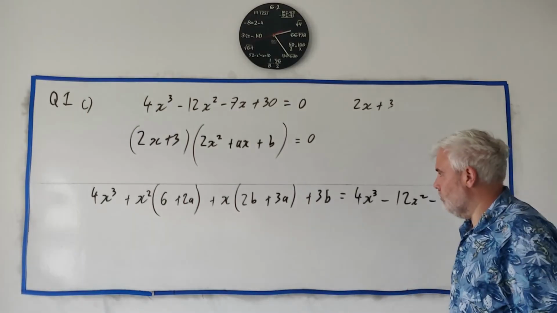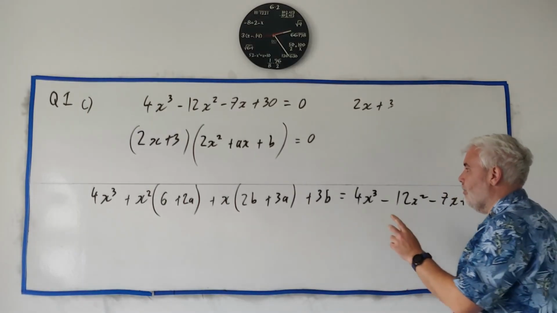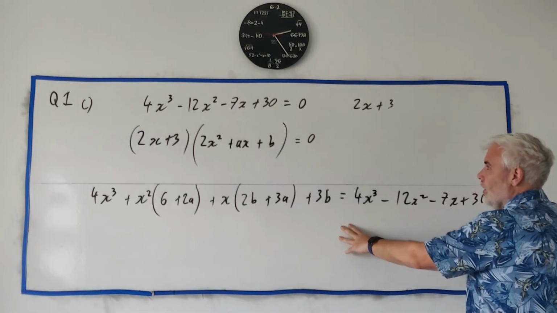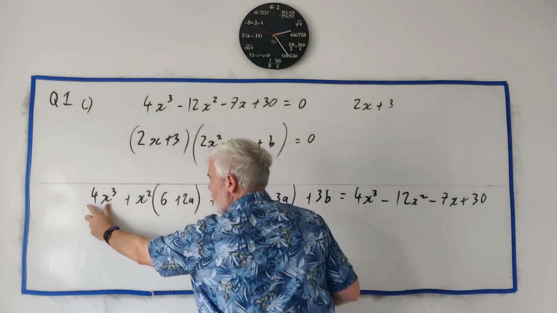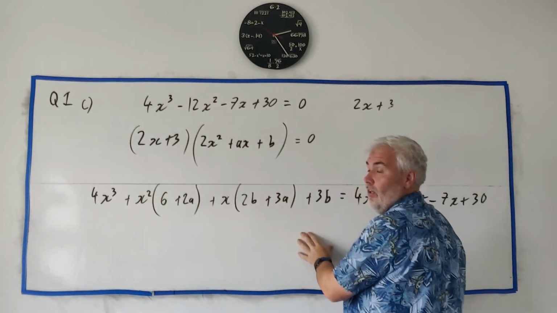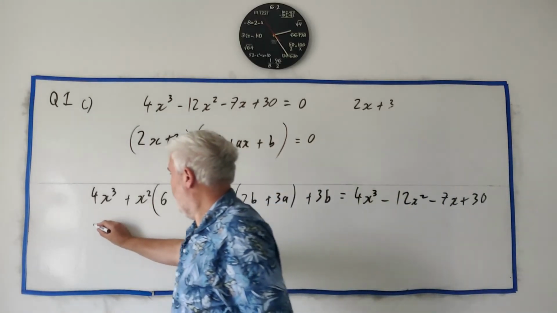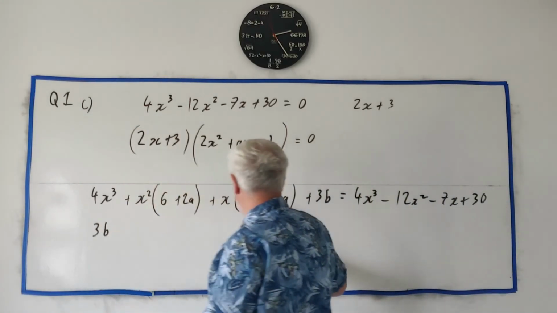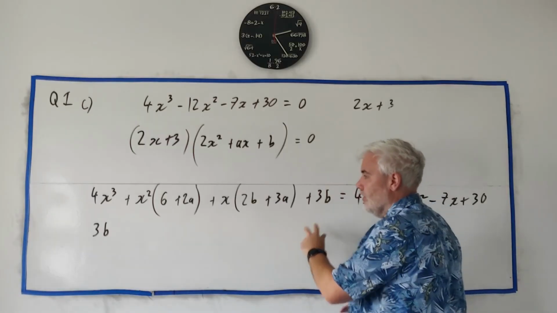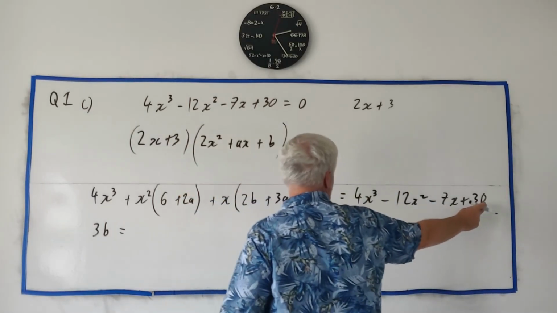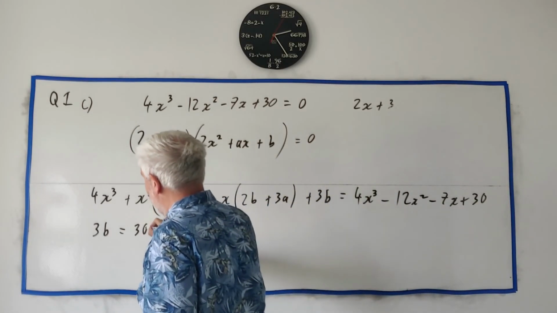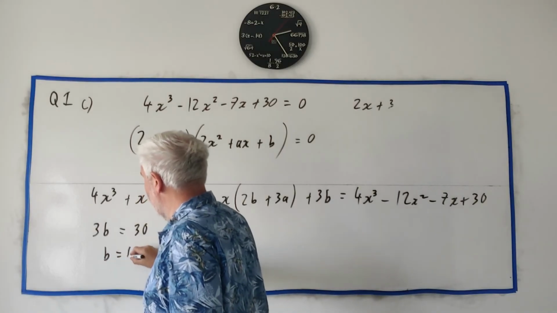Not very useful, but it tells me that. If I skip to the last one, that's usually the easiest one. The first terms and the last terms are usually the easy ones. So that tells me that 3b, all the numbers on the left without an x, equals all the numbers on the right without an x, which is 30. Or put another way, b is equal to 10.